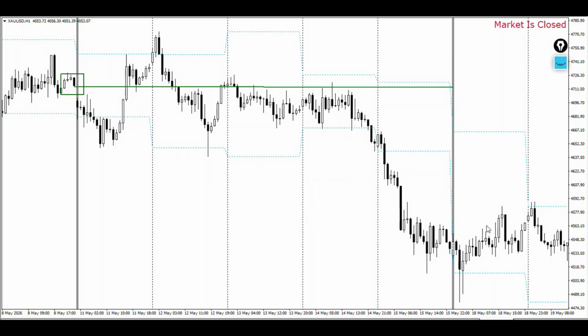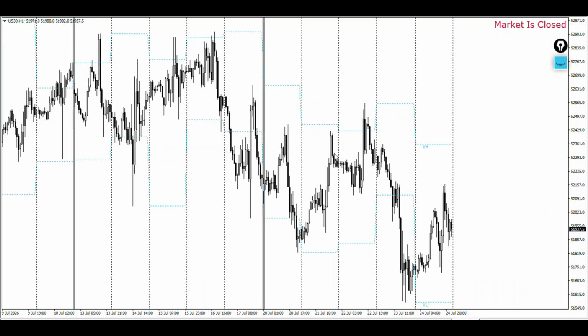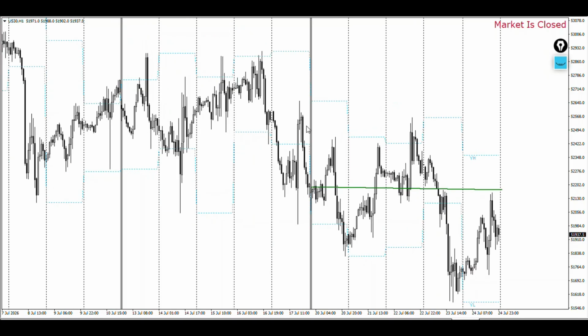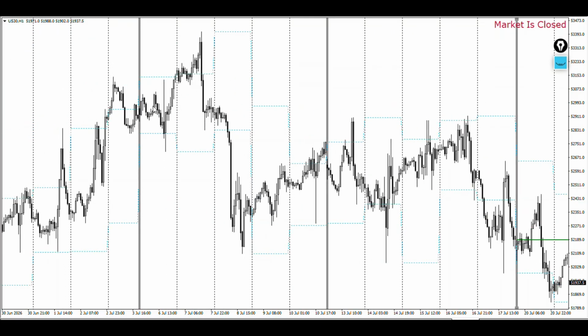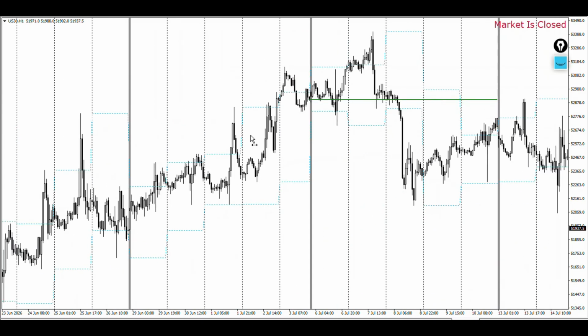So as you can see already, I showed you some examples on gold. You can see the same setup on US 30. It is consolidating, then moves away from this area. This is also consolidating, then goes downward. This is another variation. CP area, goes up, goes down, and at the end of the week tries to come back to the CP area.